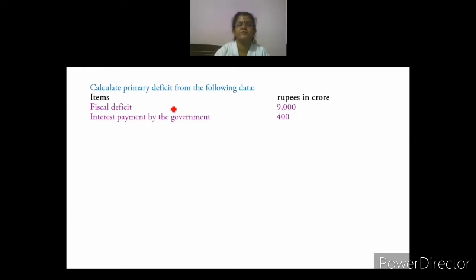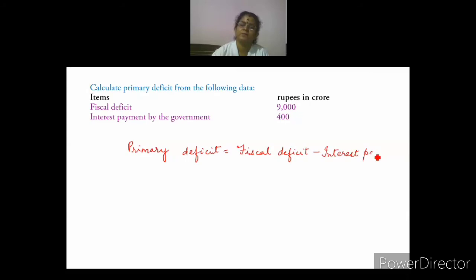Calculate primary deficit from the following data. The items given are fiscal deficit 9,000 and interest payment by the government rupees 400 crores. So let us calculate the primary deficit. Primary deficit is equal to fiscal deficit minus interest payment.